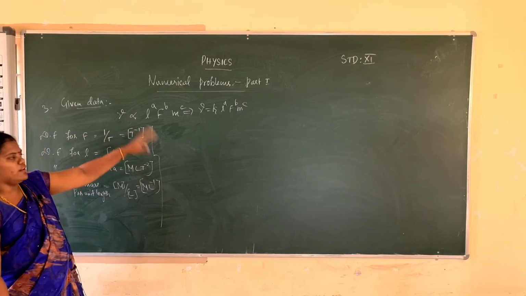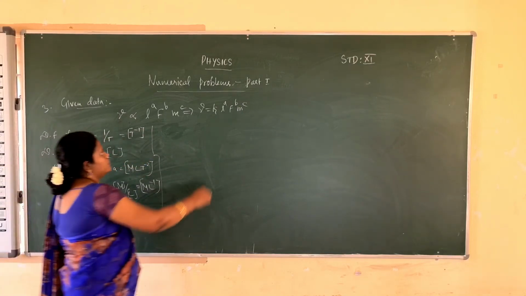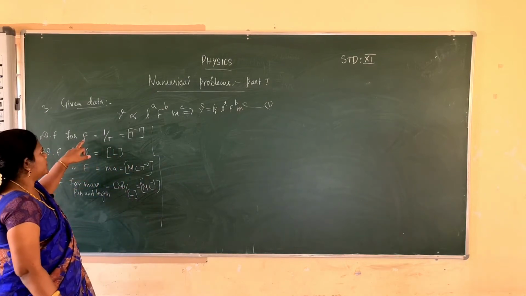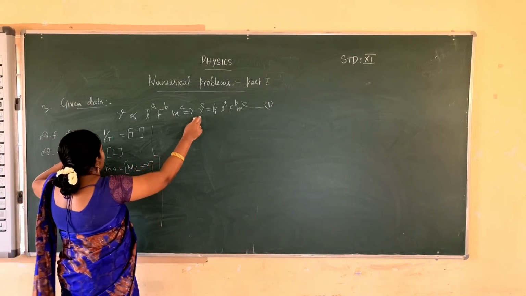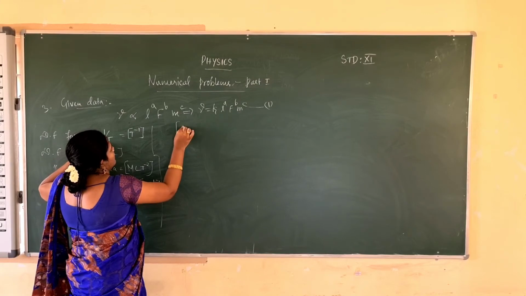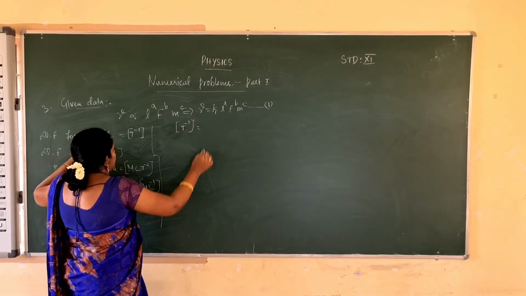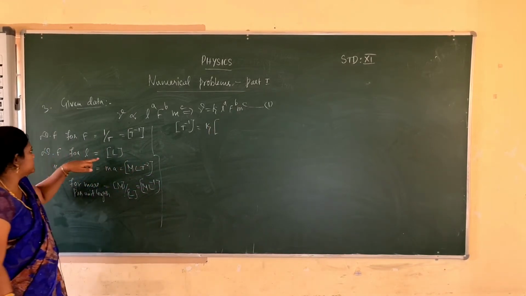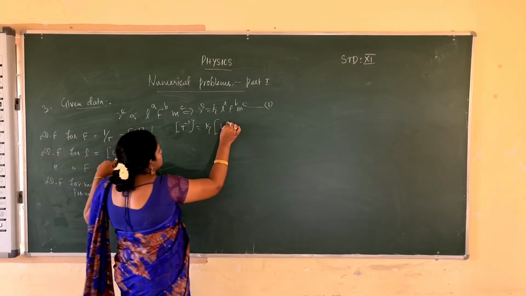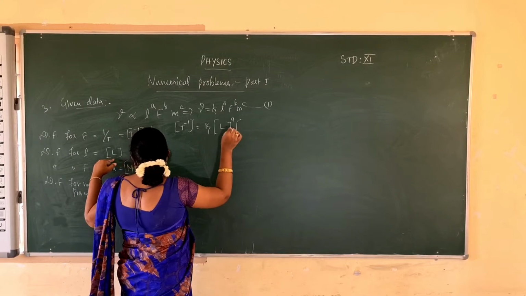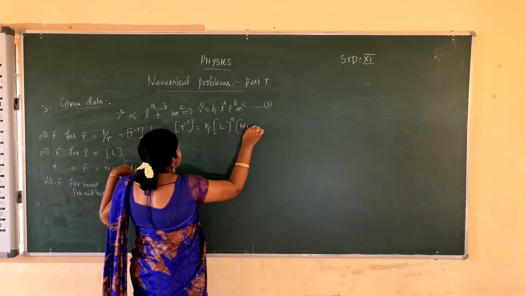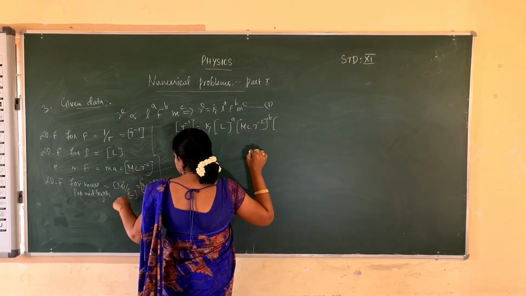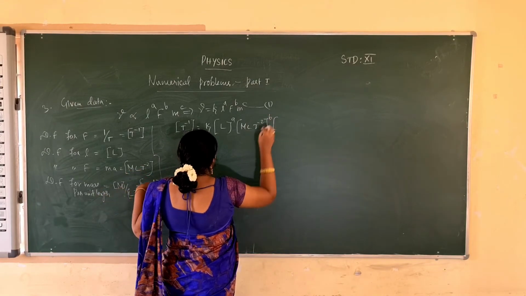Substitute all the dimensional values in this equation 1. The frequency value is t power minus 1. Then k, then L, then F is M L t power minus 2 to the B, and M L power minus 1 to the C.